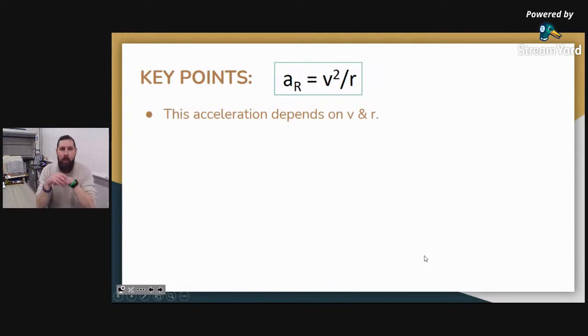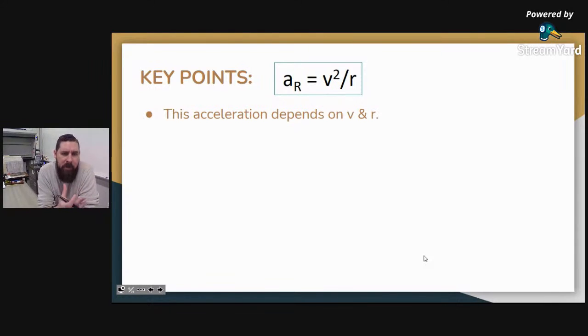So here are the key points when we're dealing with this equation, because it looks simple enough, but there's actually a lot of information tied up in it. First off, acceleration depends on velocity and radius. If you've seen my previous videos where I've talked about equalities and proportionalities, that's what I'm about to do here.